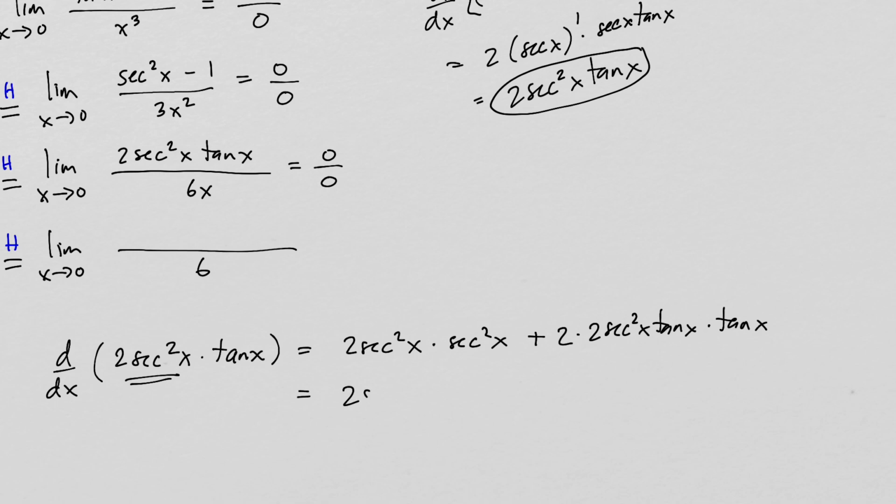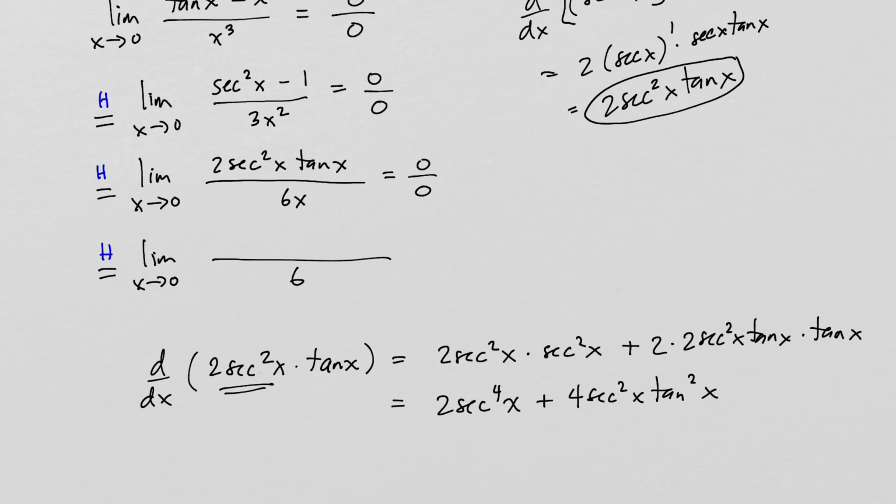And so when we clean this up, we get 2 secant to the 4th power of x plus 4 secant squared of x times tangent squared of x. And that is our derivative now, which we are going to put in the numerator. All right, and now we're going to evaluate this.